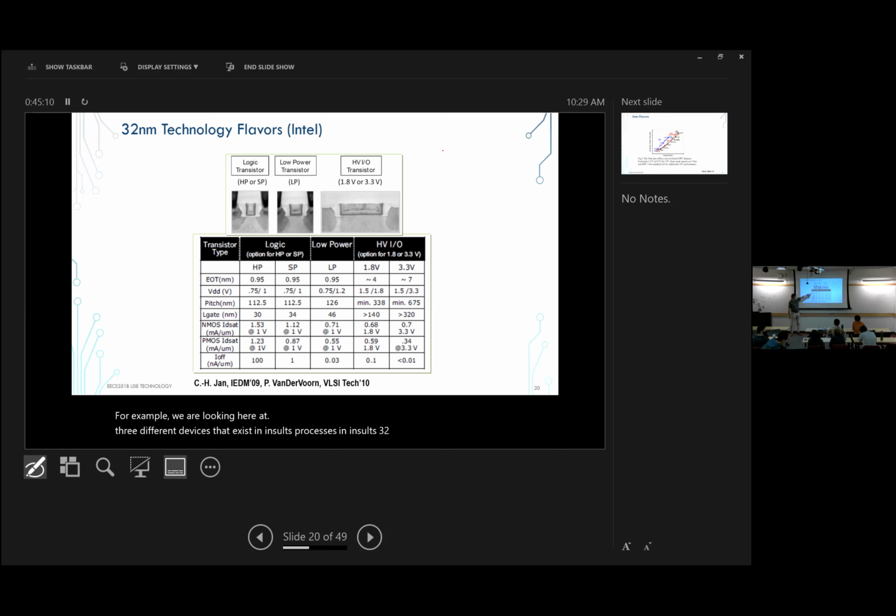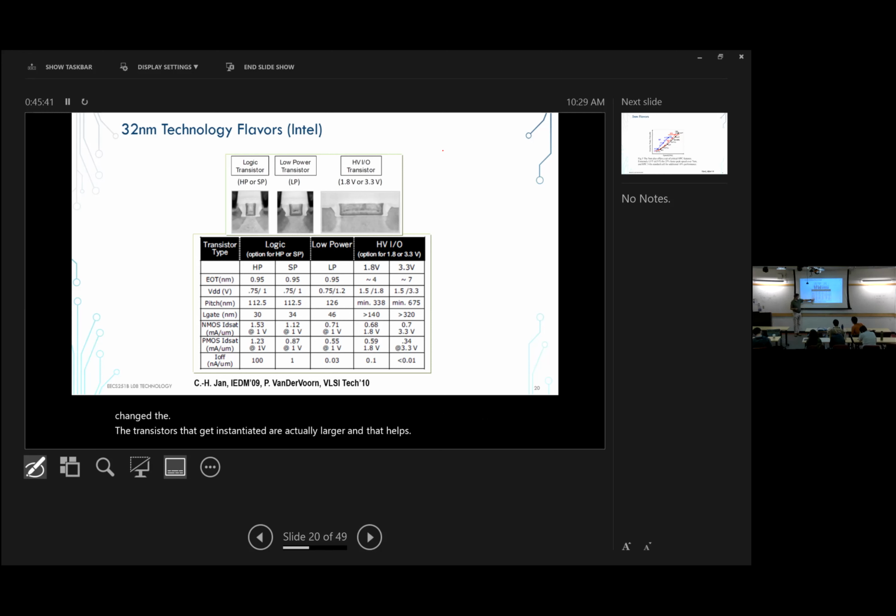One, high performance or standard performance, has one particular gate pitch of 112 nanometers. If you go to a low leakage version, the transistor gate lengths are getting longer. Although the standard cells and everything have not changed, the transistors that get instantiated are actually larger, and that helps with that.